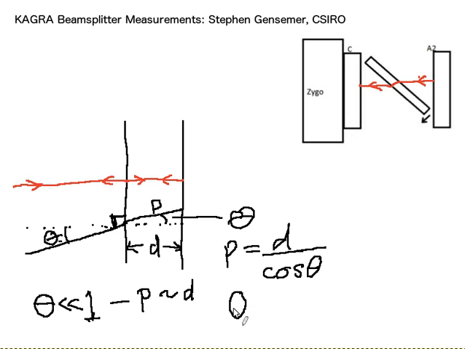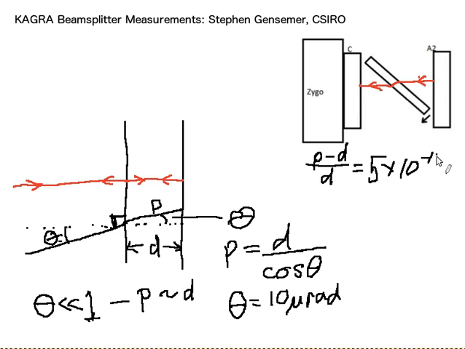Suppose theta was equal to 10 microradians, okay? Then I calculate that this ratio, the difference in path lengths for P and D, divided by D, so that's the fractional difference in the optical path distance, would be 5 times 10 to the minus 11.